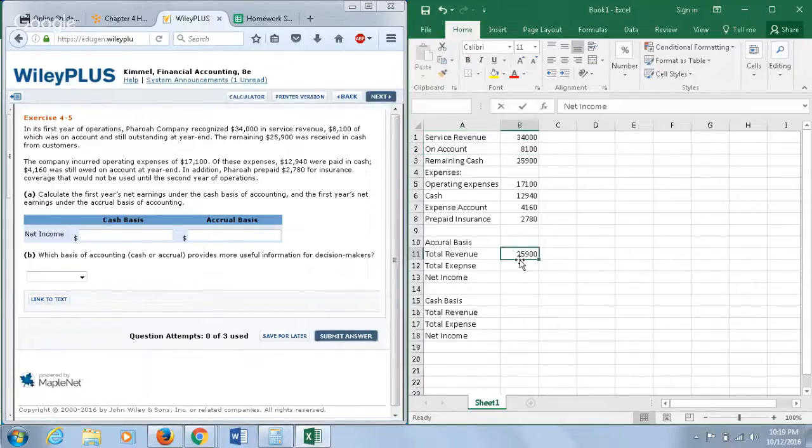Actually, no, it would be the total service performed would be the $34,000. And then the total expenses would equal that plus the prepaid insurance, because they were just looking at what's there. And then you subtract those to get the net income for accrual basis.